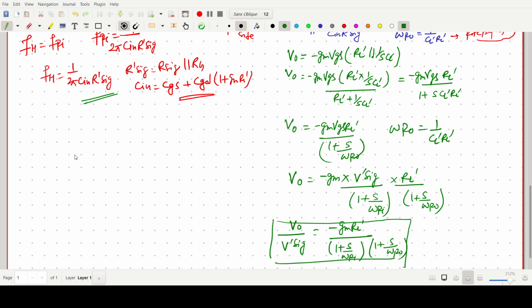Clear? So now there is an approximation that in amplifier design, usually we are just interested in the midband gain. This midband gain is approximated by the formula 1 by FPI square plus 1 by FPO square.